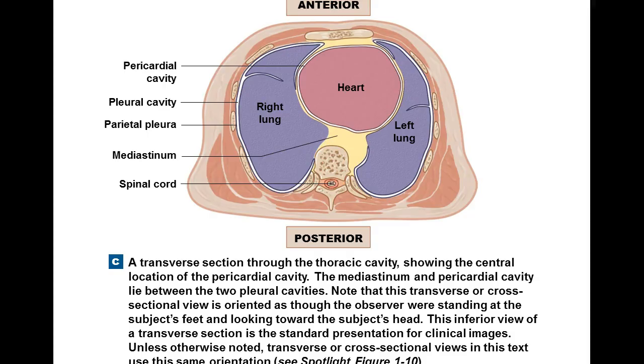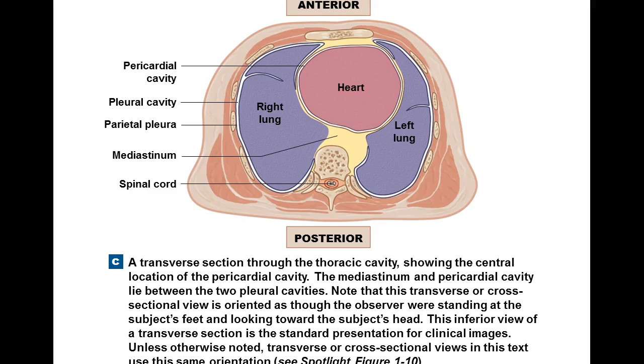This is actually a transverse plane, otherwise known as the magician's sawing the woman in half, or the man in half, I guess, plane. And this is showing the same arrangement. This would be your thoracic cavity. Anterior, you're seeing that bone space, which would be the sternum. You're seeing the right and left lung.